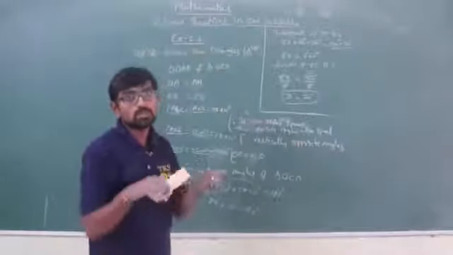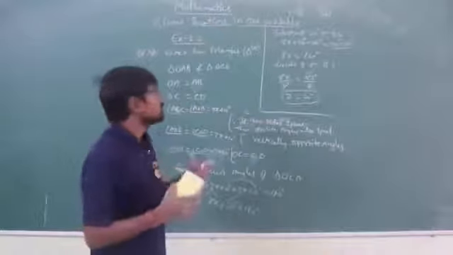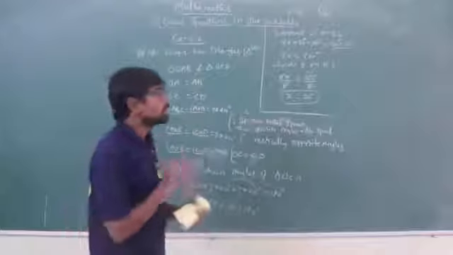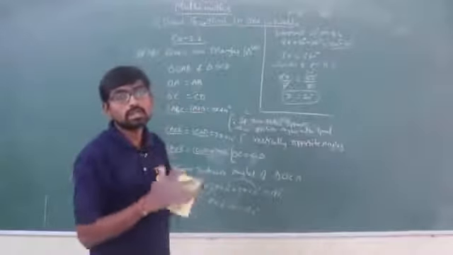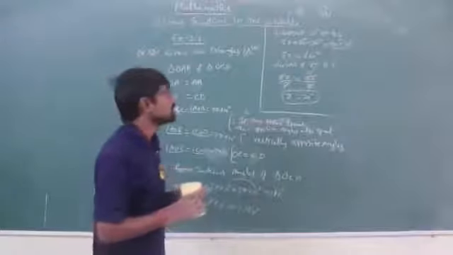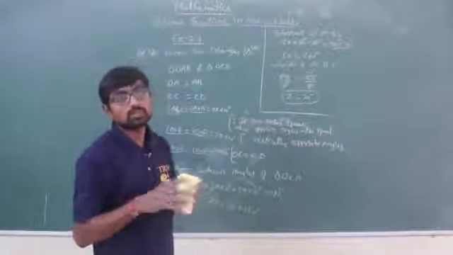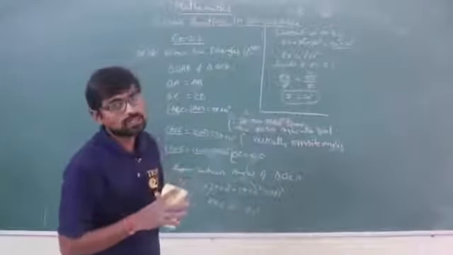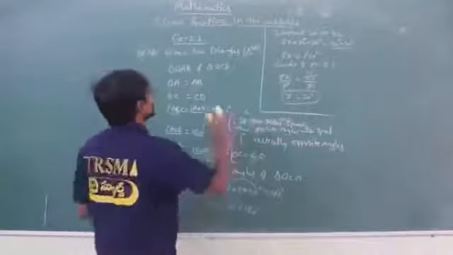This is based upon geometrical figures, specifically triangles. In triangles, if the angles are given, then you will be taking the sum of interior angles of the triangle or the relation between interior and exterior angles. So this is how you have to solve the problem.